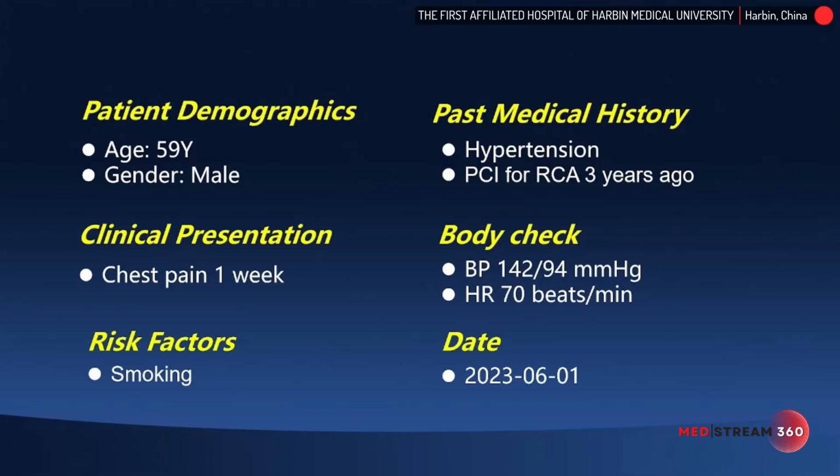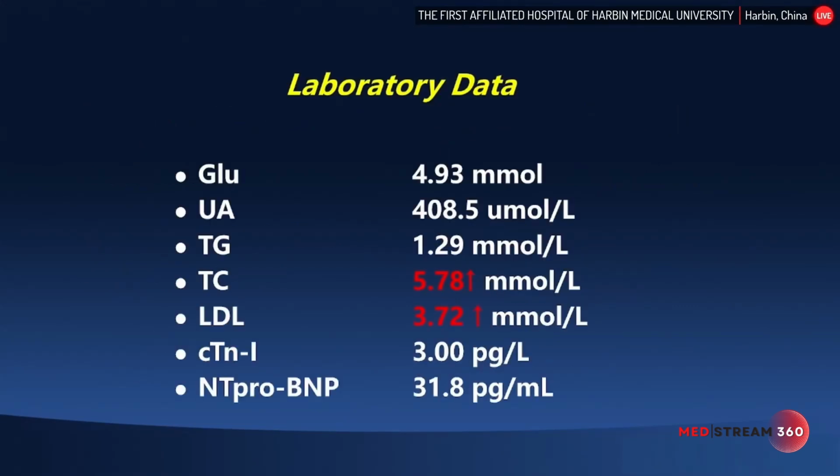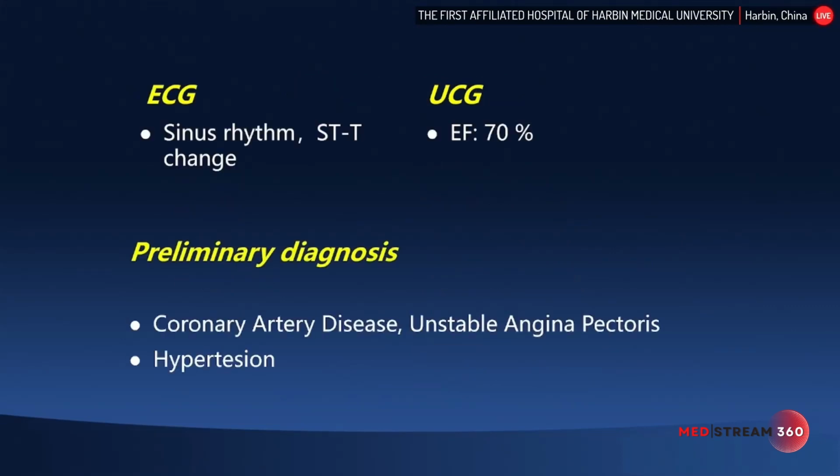The body check shows that the hypertension is not that well controlled, with a systolic pressure of 140 over 94 millimeters of mercury. Let's check the laboratory data. We can see he also suffers from hyperlipidemia, so we have this patient on well-controlled medication.